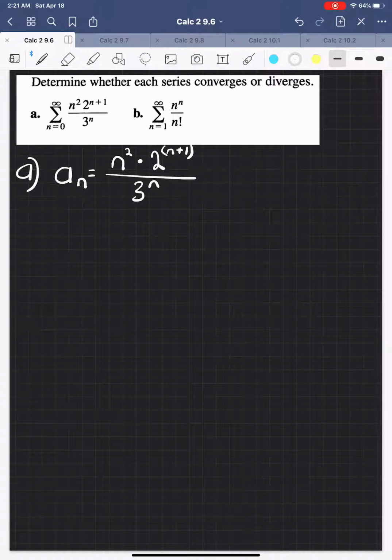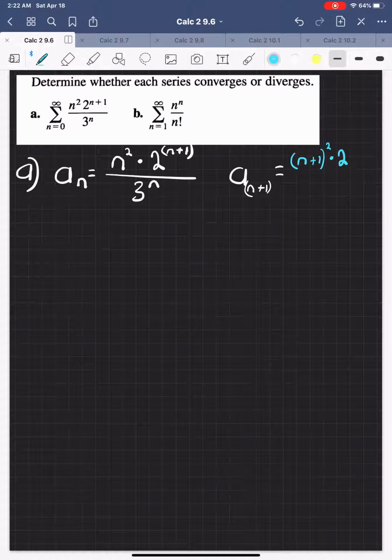All right, now we need to find out what a sub n plus 1 is. So we have to plug in an n plus 1 here, here, and here. Ready? Let's go ahead and do that. So this is going to be n plus 1 squared times 2.